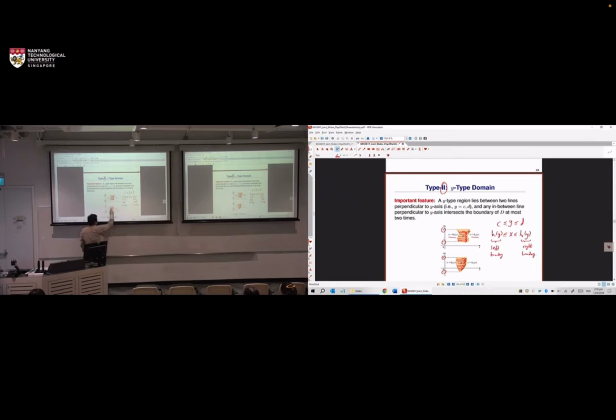So you sweep here, left to right, and you get the area of this already. And then you sweep from c to d to form the volume.